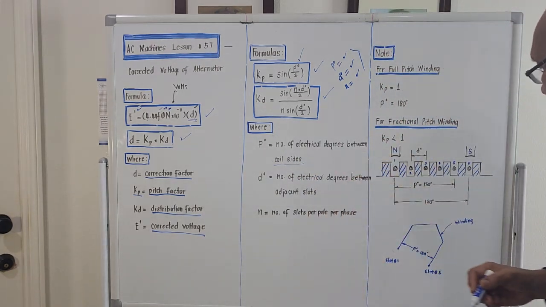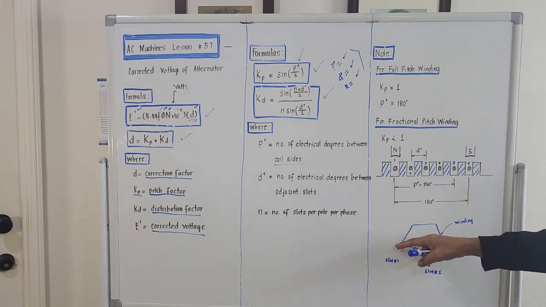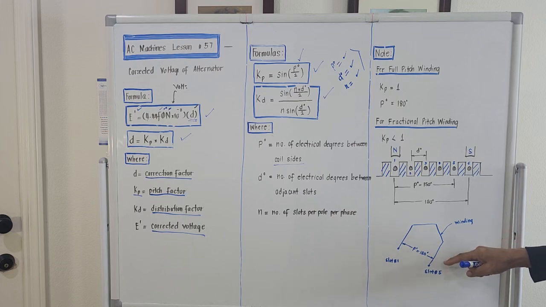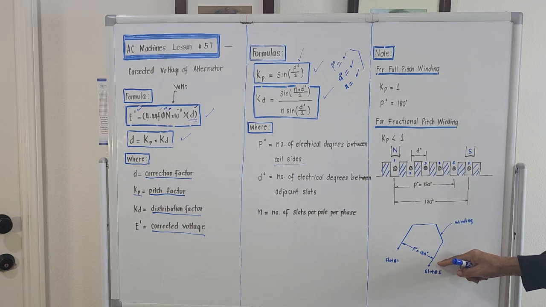To imagine this one, it is like this. One coil is this one, just one coil. It enters slot number 1, goes to the back, then enters slot number 5 at the back, then comes out on slot number 5 in front.